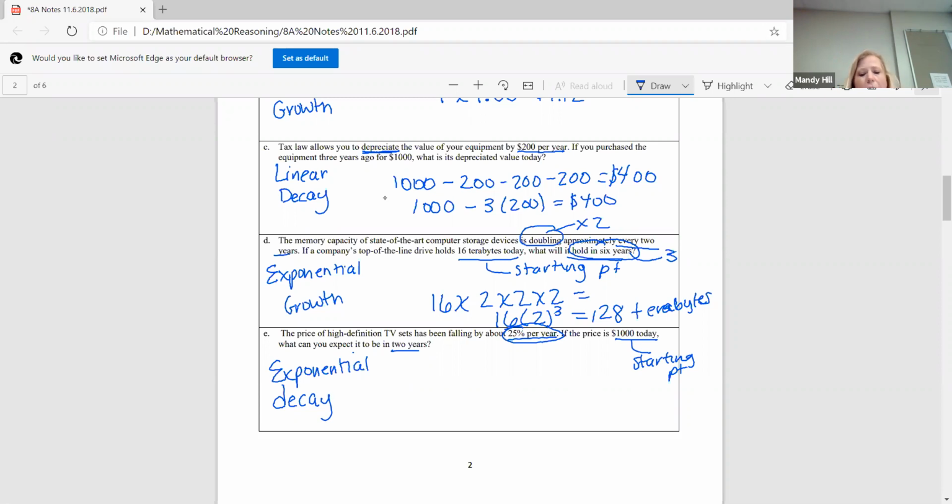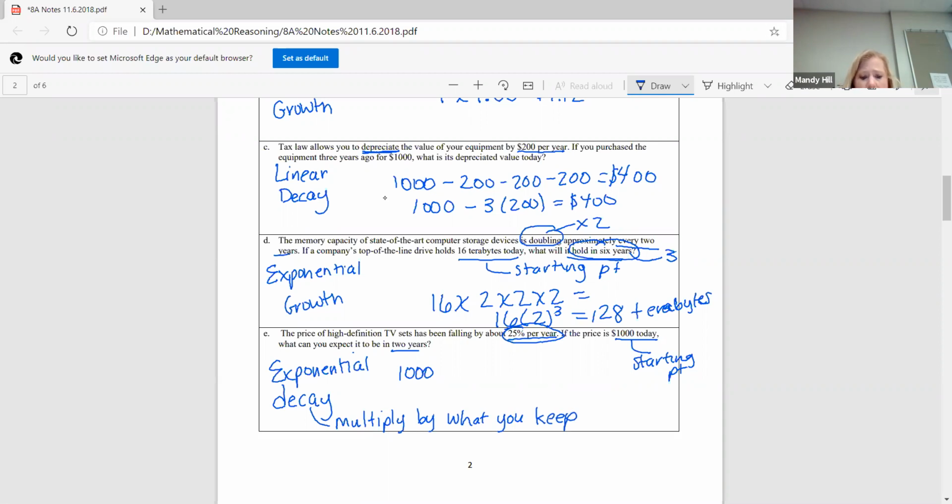Okay, so there's a couple of ways to do this problem. We could start out with a 1,000. I like to tell my students in decay, you want to multiply by what you keep. Here's what I mean by that.